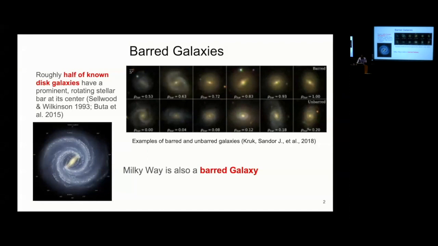It's interesting to look at these images and see that bars come in different shapes, sizes, and orientations, and the Milky Way is also a barred galaxy.